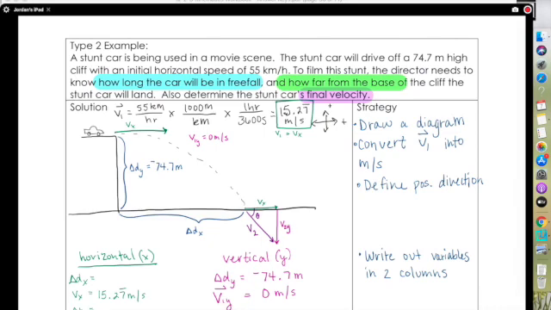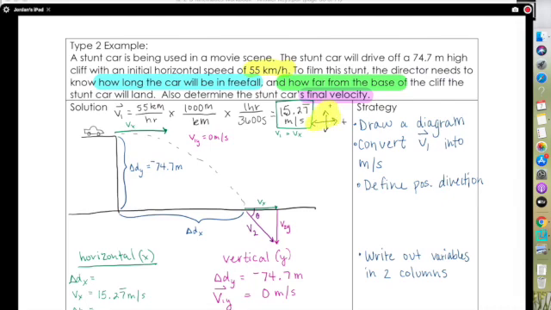So for our strategy, the first thing we need to do is draw a diagram. We also need to convert our v1 into meters per second, because if you notice here, our initial speed is given to us in kilometers per hour. So we have to convert that into meters per second, and then also define the positive and negative directions.